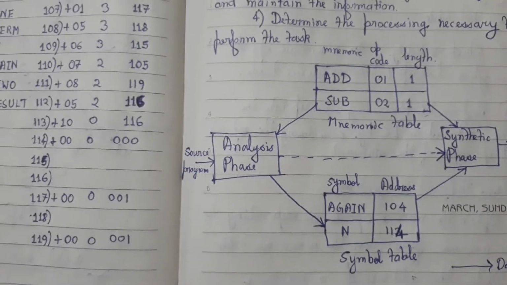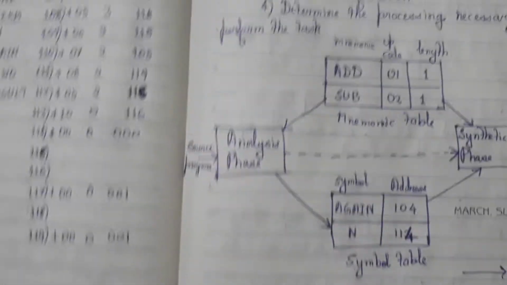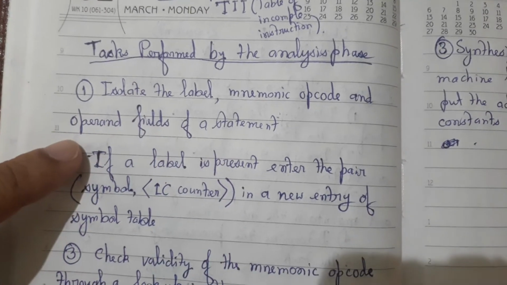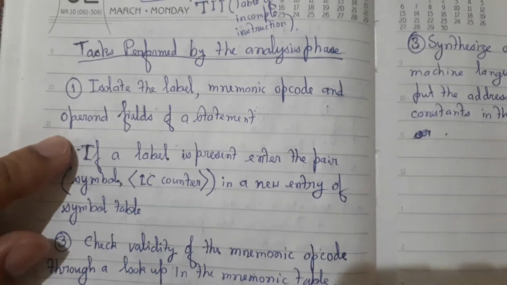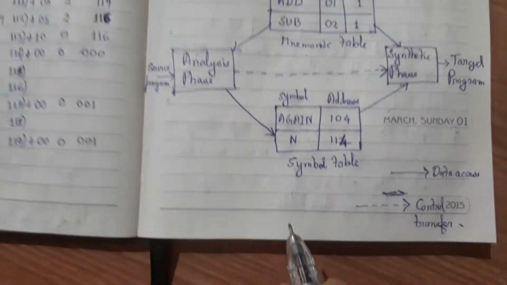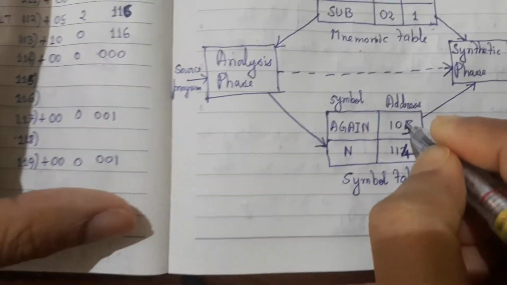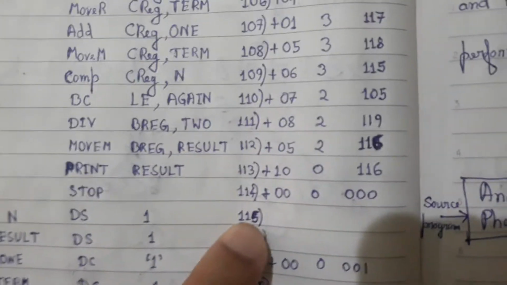So this is the task performed in the analysis space, and I think one thing needs correcting. The value of again here will be 105 in our case, and the value of n is 115, not 114.